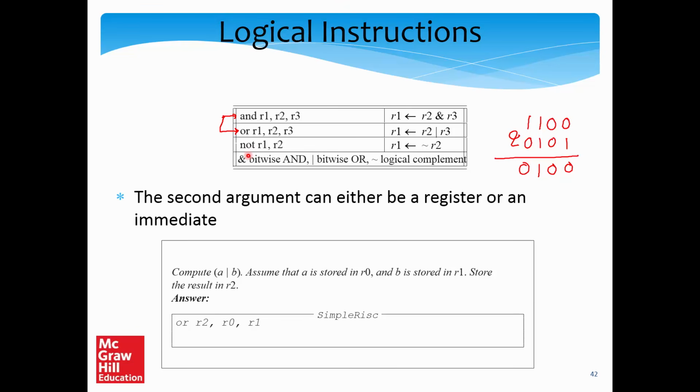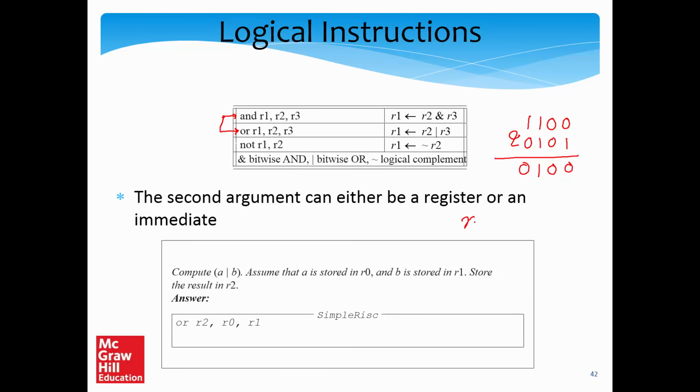So in this case, if there is a single source operand, what we can see as a general rule is that only one source operand is allowed to be an immediate, but both the source operands are not allowed to be immediates.